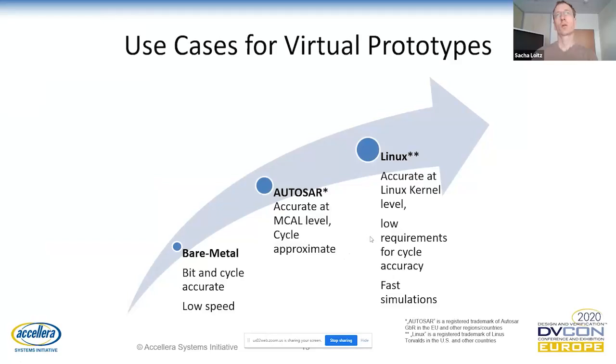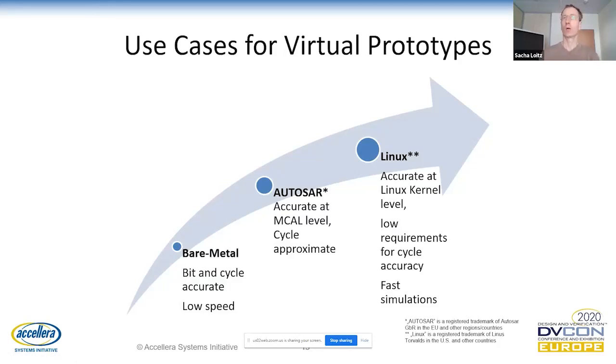In my part of the talk, I'm focusing a bit on software levels that shall be implemented and how they reflect in the requirements for a virtual platform. We typically see three different areas of where software might be delivered.